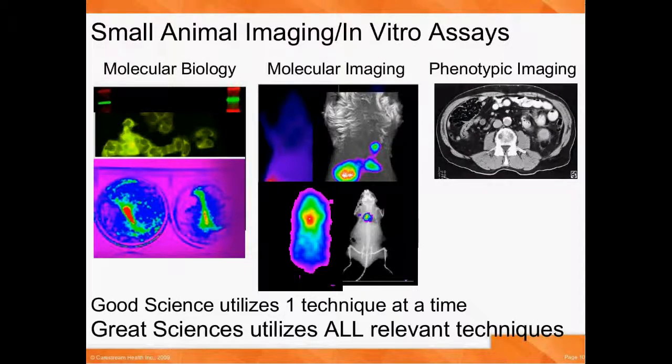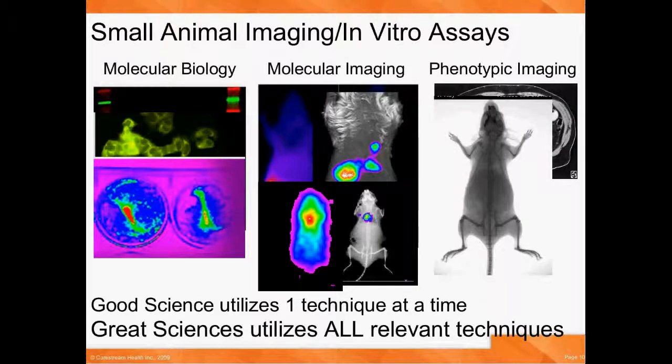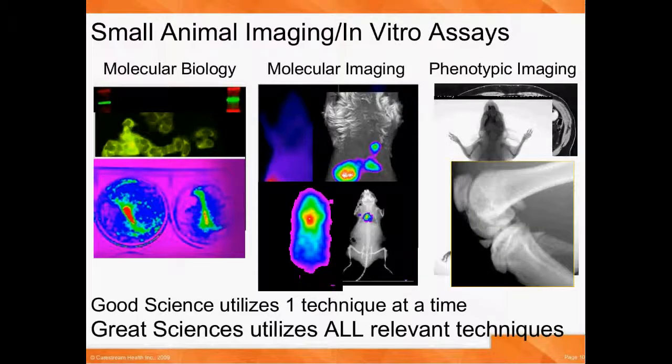So rather than just writing down in a lab notebook that a tumor has grown over time, this can be recorded through phenotypic images such as CT, SPECT, PET, and MRI. In addition, with the Kodak in vivo instrument, you can also collect this data through X-ray acquisition. And that can be done at whole animal zooms or zoomed in on just a small region.